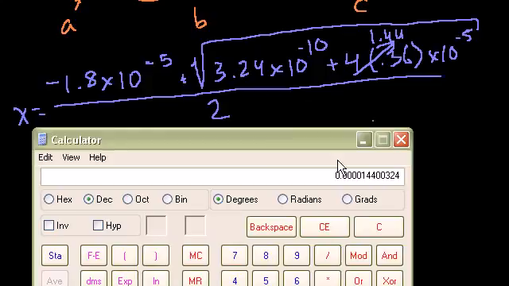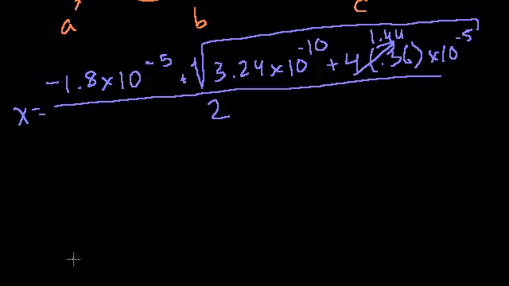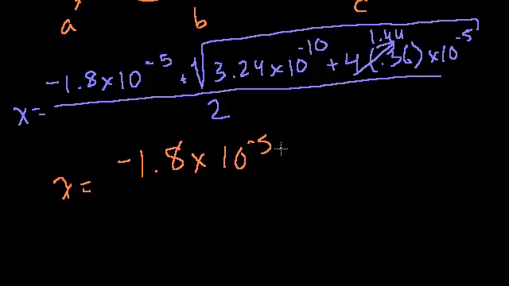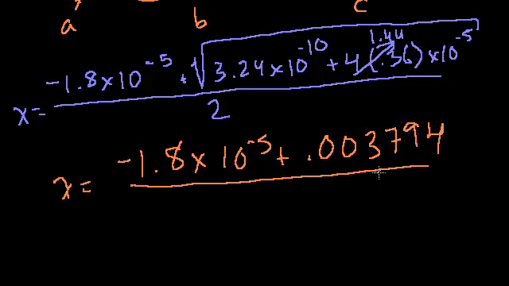So that's this whole thing under the radical, and I want to take the square root of that, so that is to the 0.5 power. So I get 0.00379. So x is equal to minus 1.8 times 10 to the minus 5 plus 0.00379, all of that over 2.